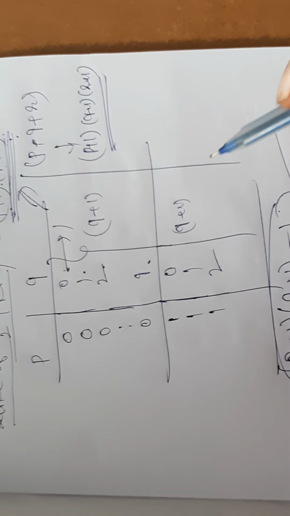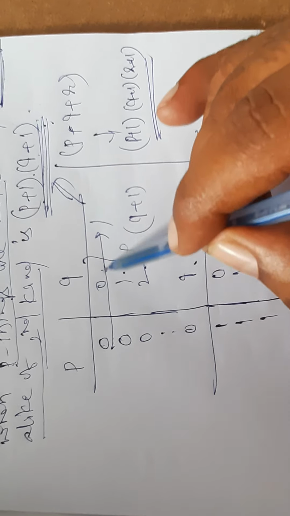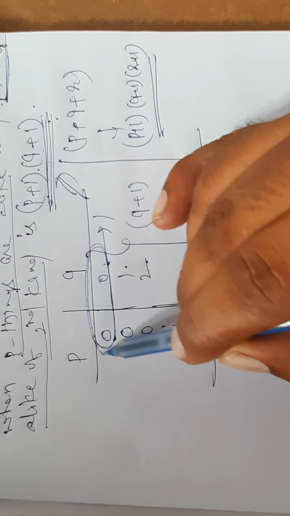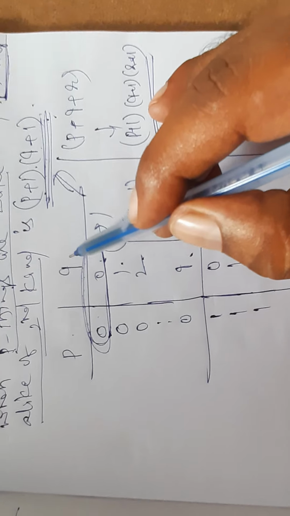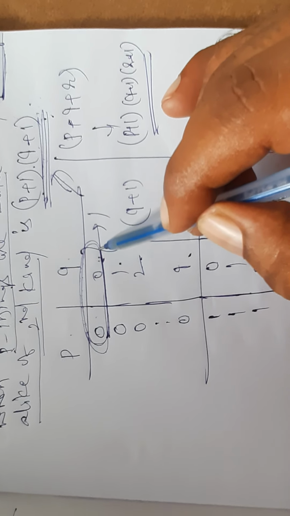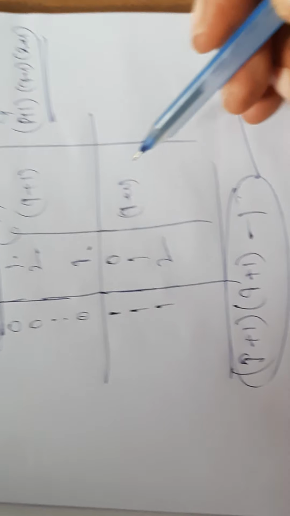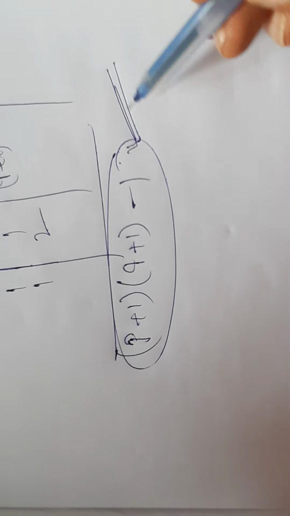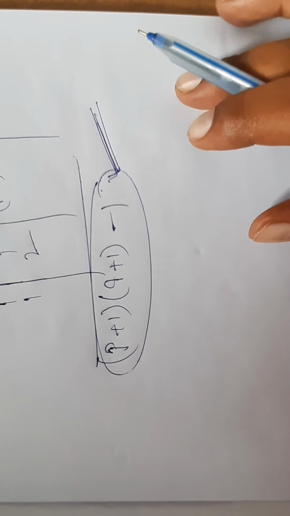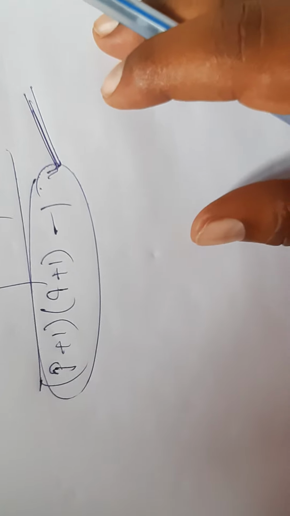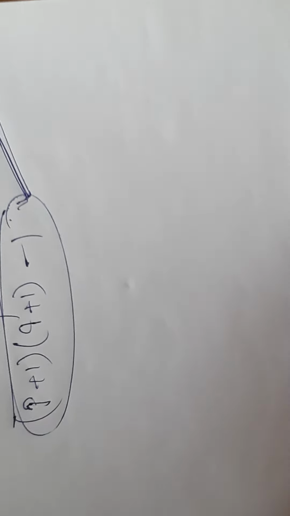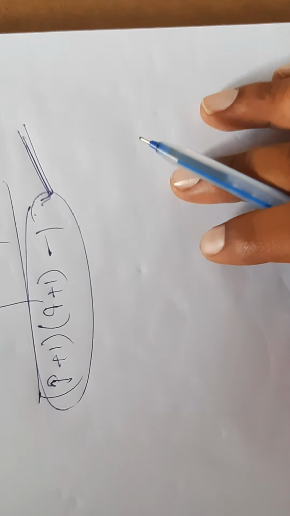One or more is given, so one or more means this particular selection: out of p I can select 0 things, out of q I can select 0 things. This one selection is there, so this one selection I have to subtract. If I subtract this one, I can get the total number of combinations of p plus q things taken one or more at a time.